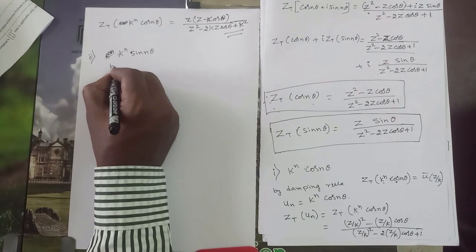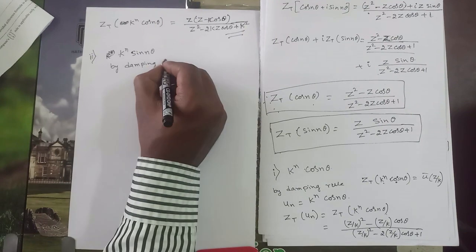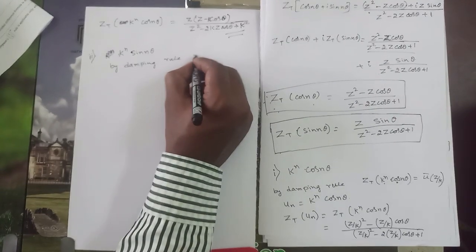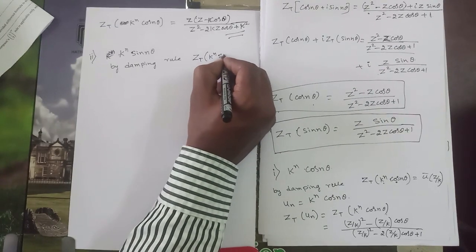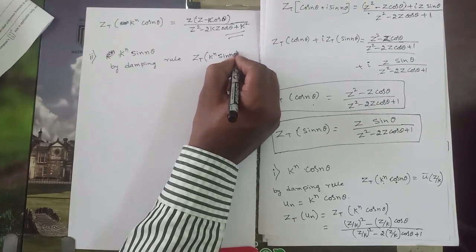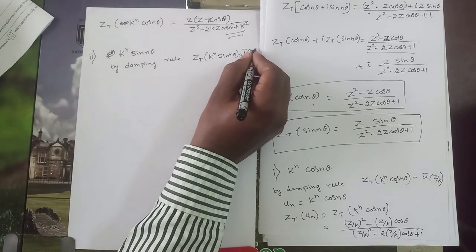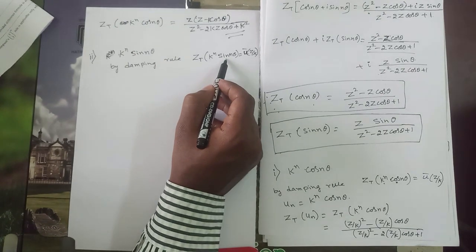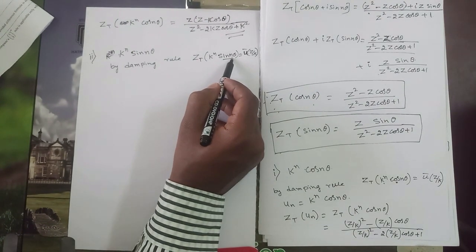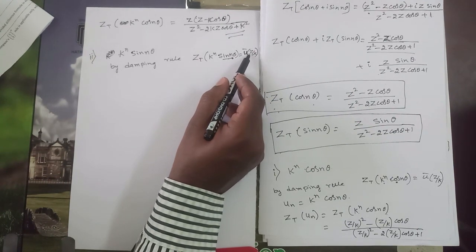By damping rule, the Z transform of k to the power of n into sin n theta equals u bar of z by k. So you know the Z transform of sin n theta, and wherever you have z, you have to replace z by k.